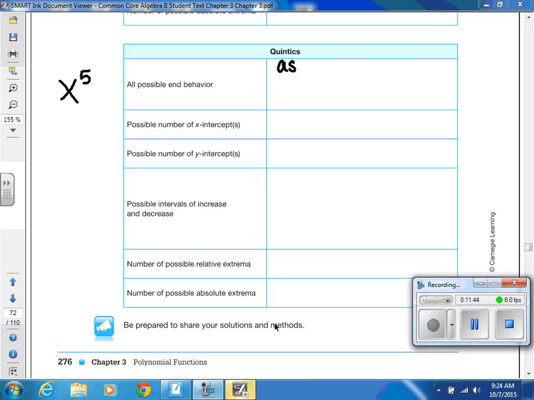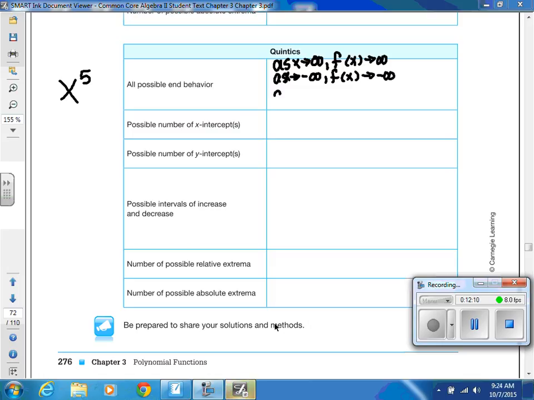If it's a positive a, as x is approaching infinity, f of x is approaching infinity. As x is approaching negative infinity, f of x is approaching negative infinity. That's with a positive a.